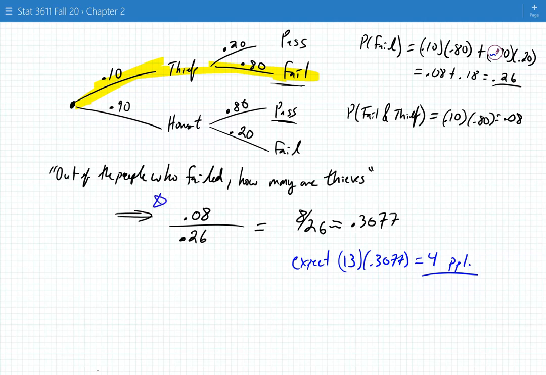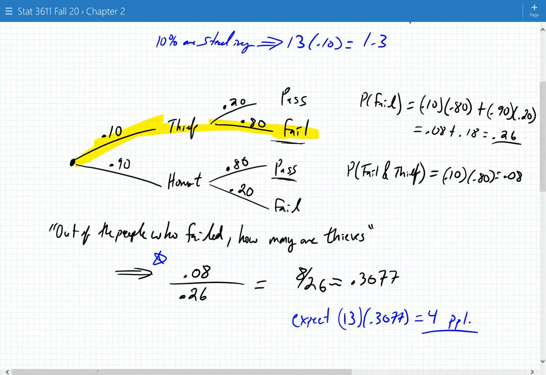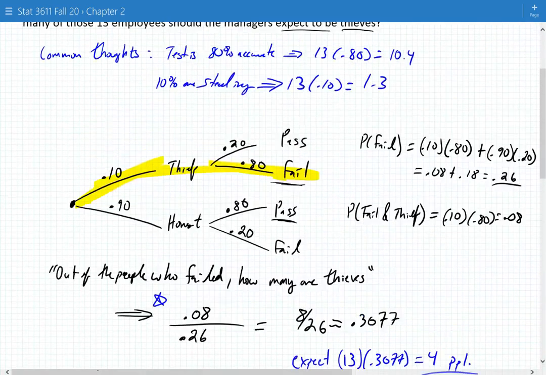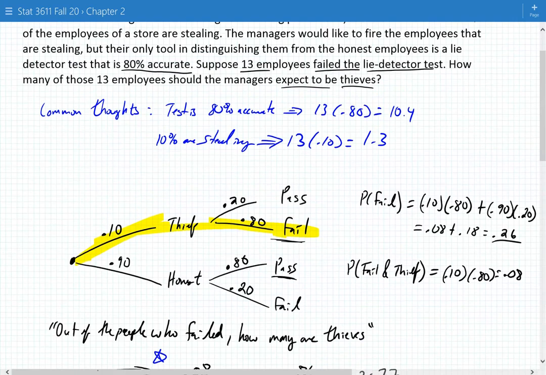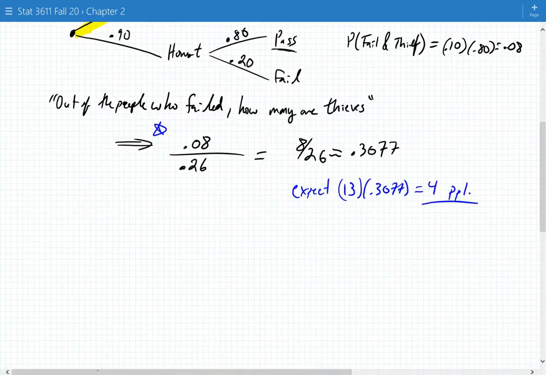What is going on here with this little extra division step oftentimes is confusing at first, because this question is: out of the people who failed, how many are thieves? You have 13 employees that failed the test. Think about this in terms of Venn diagrams.